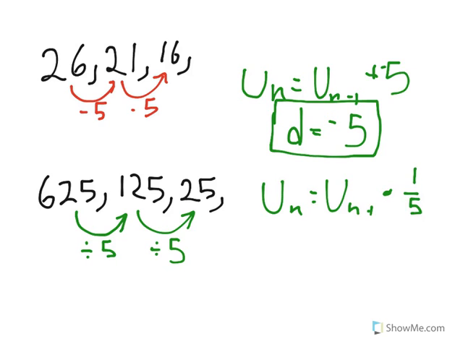So we can write this as u sub n equals u sub n minus 1 times 1/5, which means our common ratio is 1/5. So even though we're dividing, it's still considered a geometric sequence because we can write it as a multiplication problem.